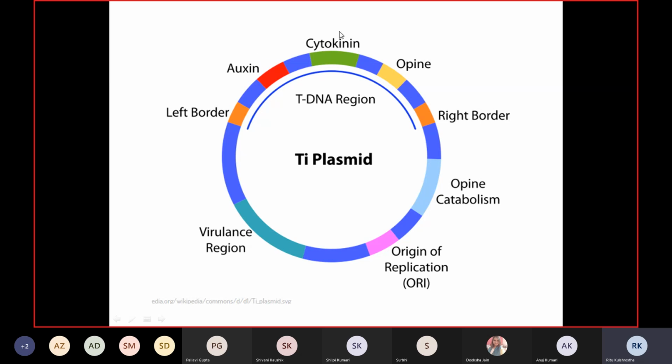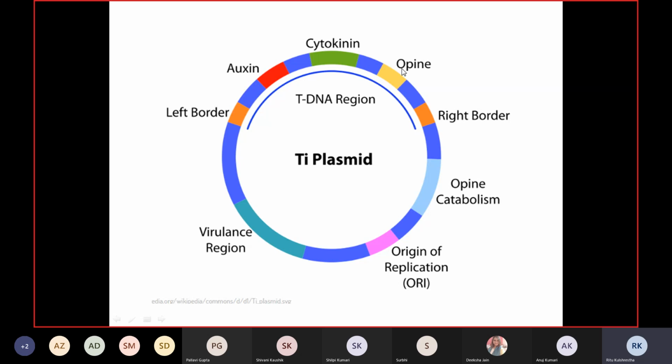But if a plant cell gets a very high amount of both of these, it will lead to induction of tumor, meaning excessive division of the plant cells and no specific induction of shoot or root, but yes, it will lead to tumor. So these two are there.